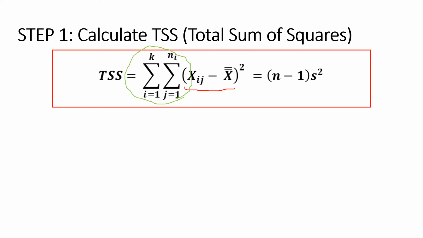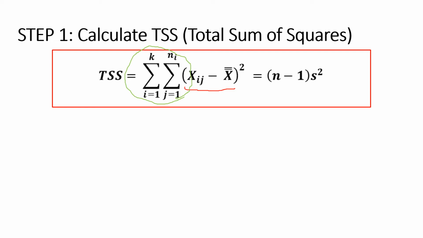You take your first observation, subtract it from your grand mean, and square that. Then you take your second observation, subtract the grand mean, and square that. You take your third observation, subtract your grand mean, and square that. You do that 24 times, and that gives you a number equal to your total sum of squares. So your total variance.